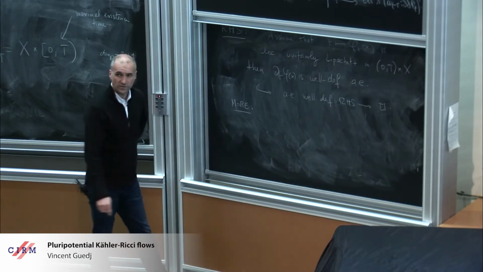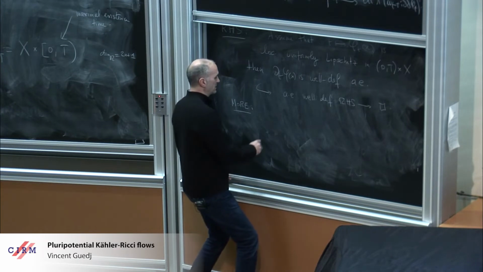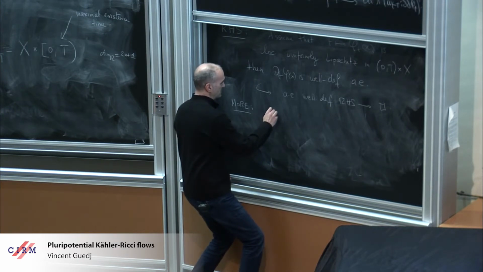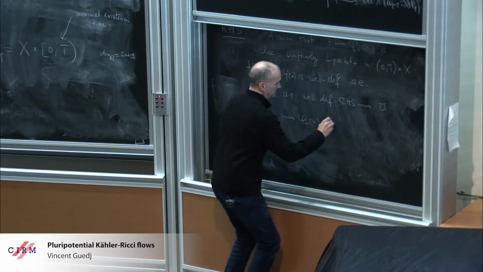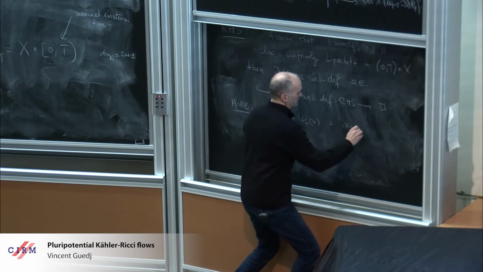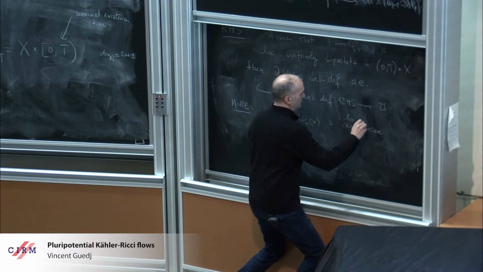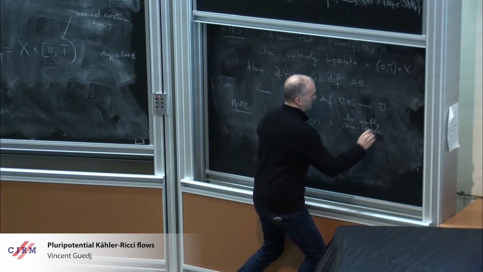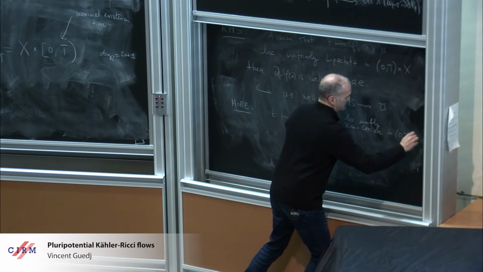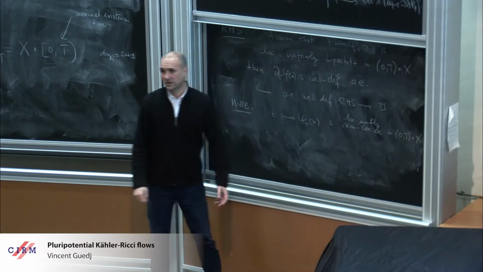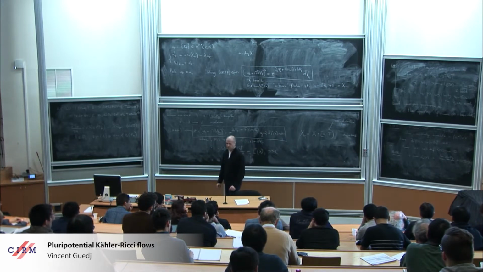Namely, we wish that our solution have some convexity property in time. So we want that t goes to phi t of x is almost concave, and again, locally uniformly in (0,T) times X. Now, forget about the semi-concave problem.